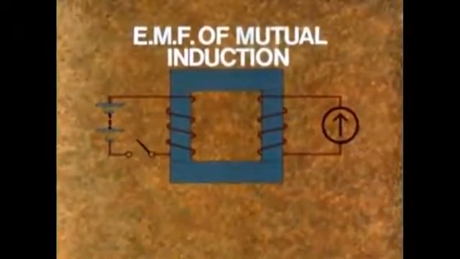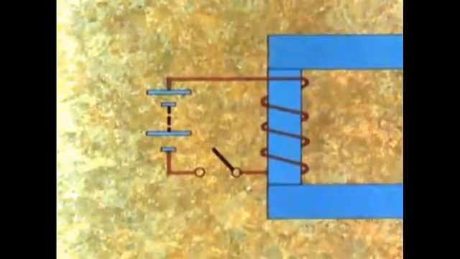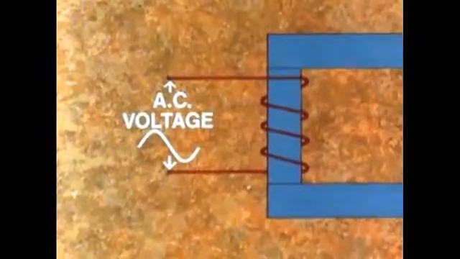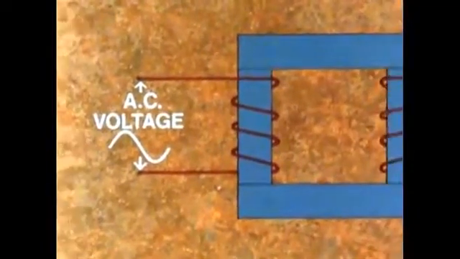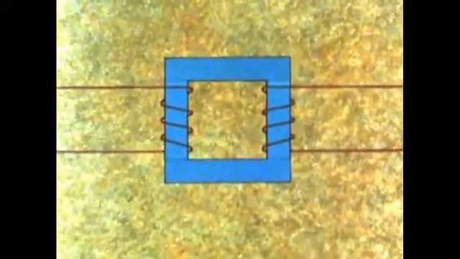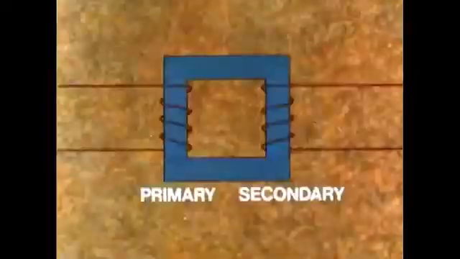It must have struck you that if, instead of switching on and off the current, we supply an alternating voltage to the first coil, so that its field changes continuously, we shall induce an alternating current in the other coil. And this is how a transformer is constructed. We call the first coil the primary coil and the other one the secondary coil.